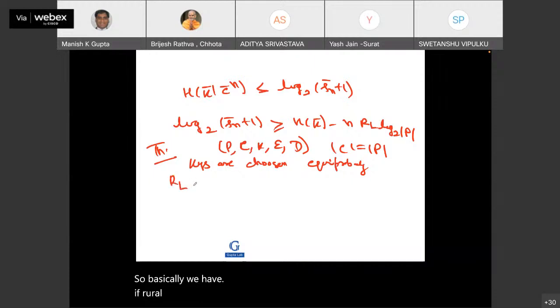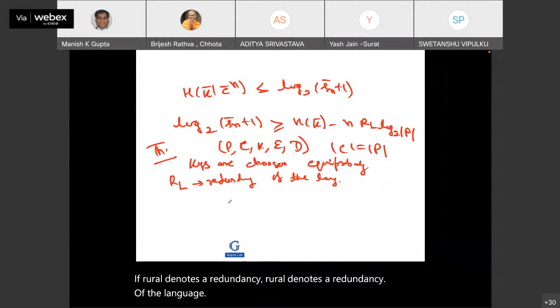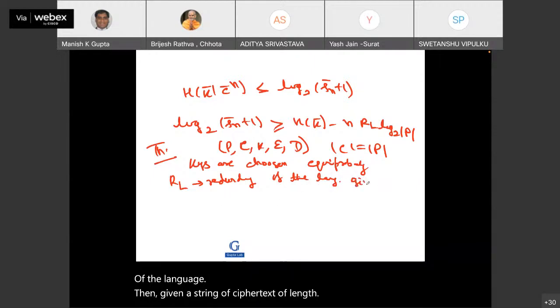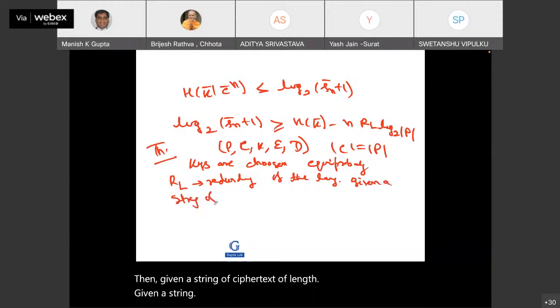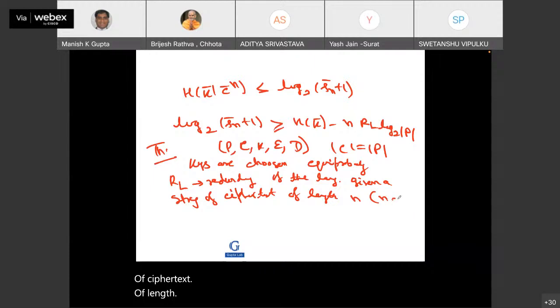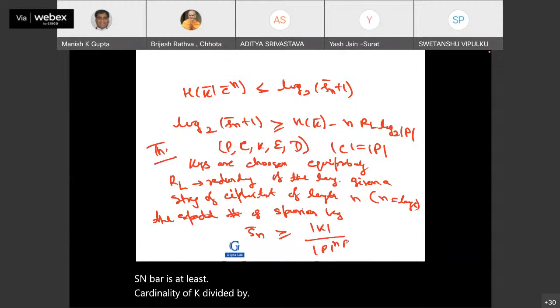If RL denotes the redundancy of the language, then given a string of ciphertext of length n, where n is sufficiently large, the expected number of spurious keys Sn bar is at least the cardinality of K divided by n to the RL, minus 1.